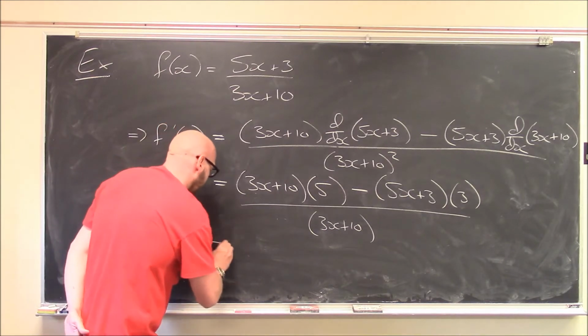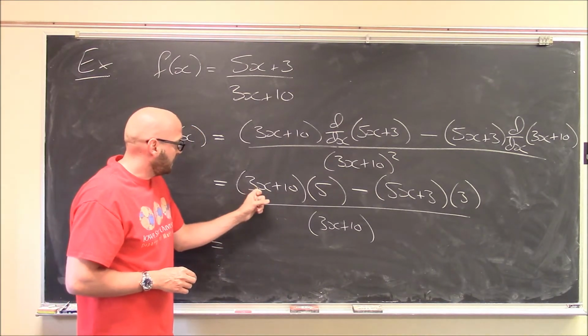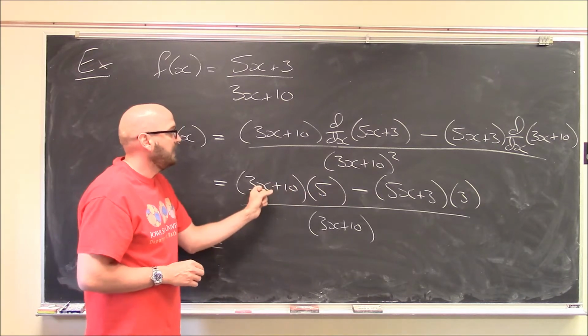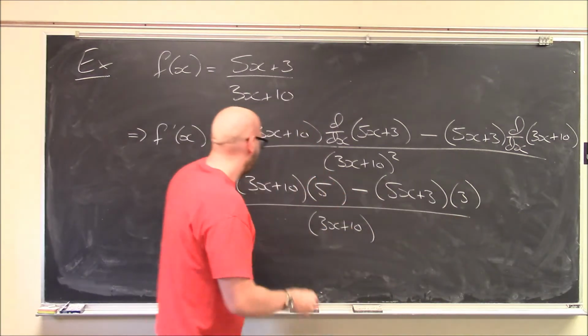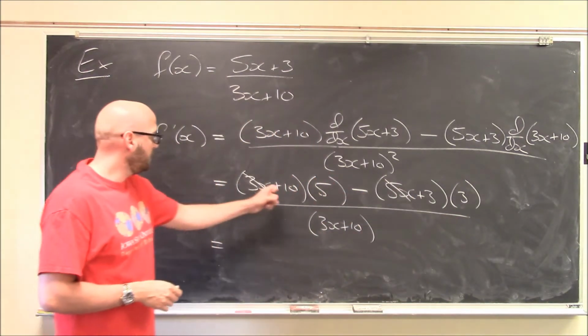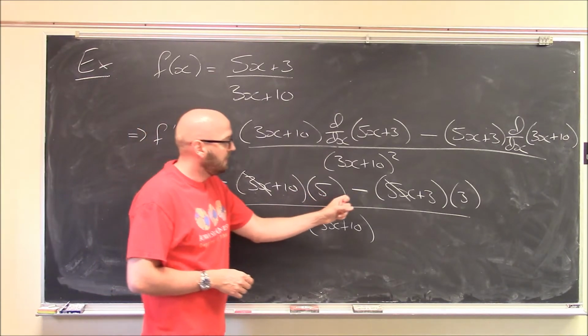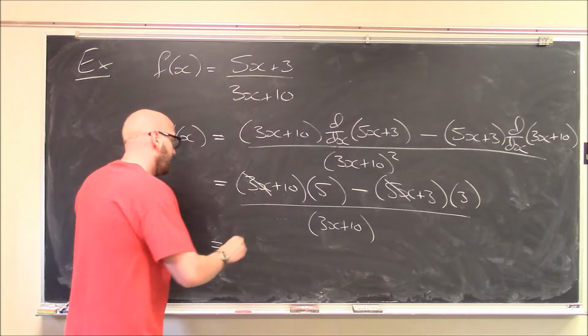Let's see if we can do this all in one shot, because I'm about to run out of space here. How many x's do we have? We've got 3x times 5 is 15x's minus 15x's. So those are actually going to cancel. Then we've got 10 times 5 is 50 minus 3 times 3 minus 9. 50 minus 9 is 41.